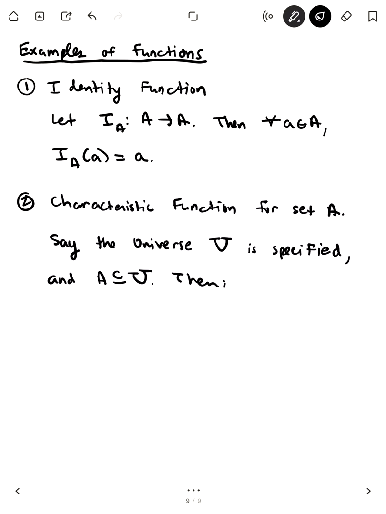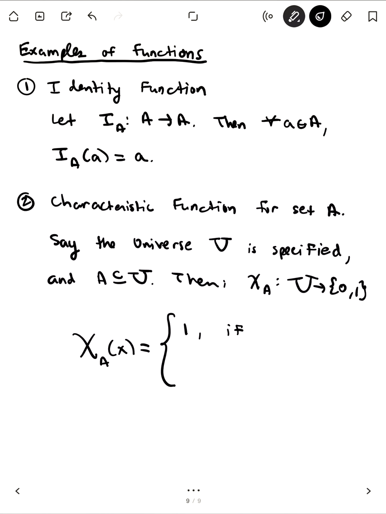Then chi of A, from the universe to {0, 1}, is specified as follows. Chi A of x equals 1 if x is in A, and 0 otherwise. In particular, if x is in the universe without A. Okay, so this is a characteristic function.